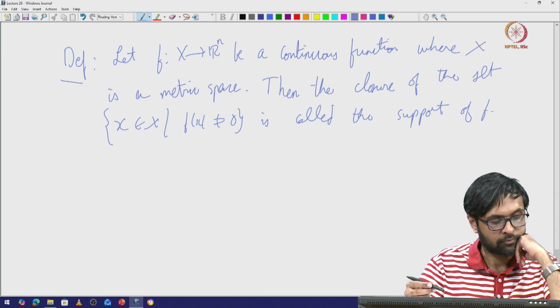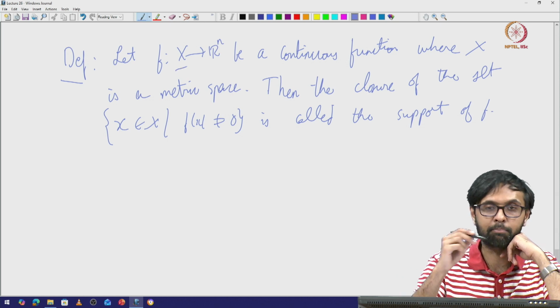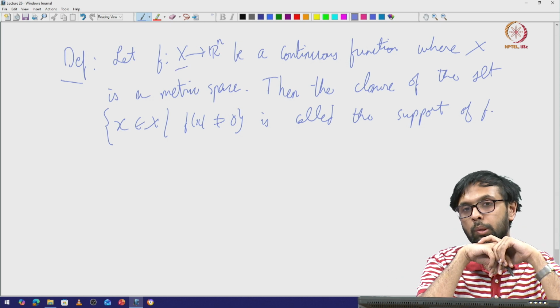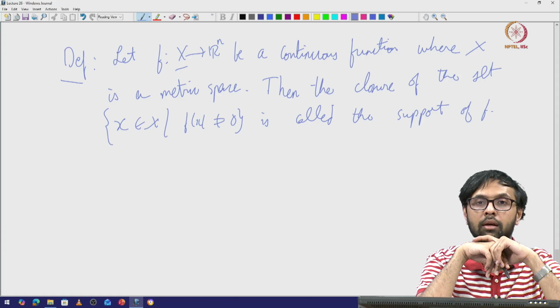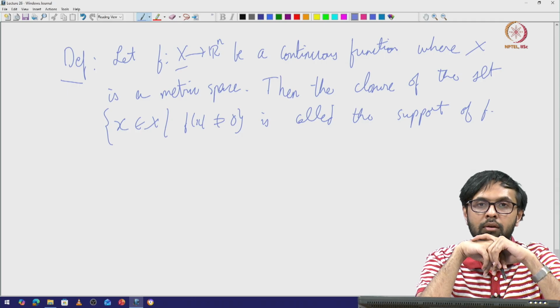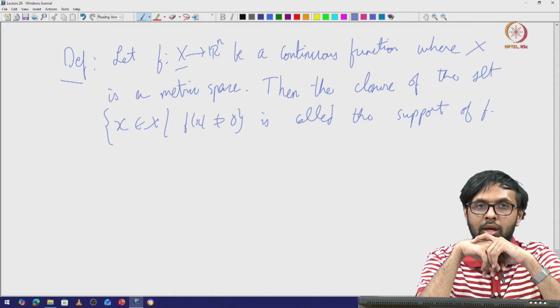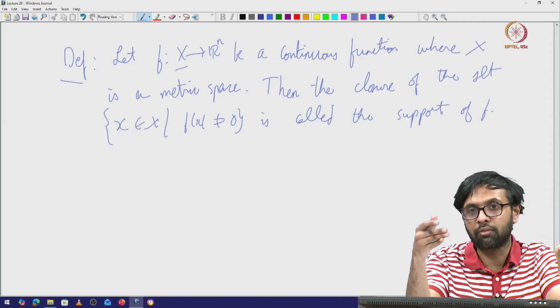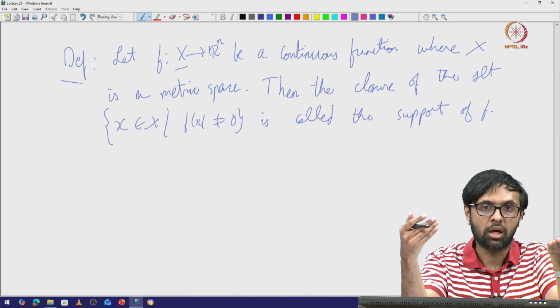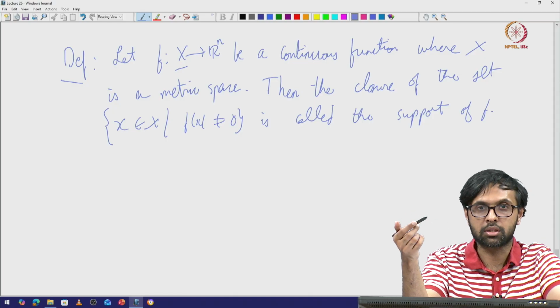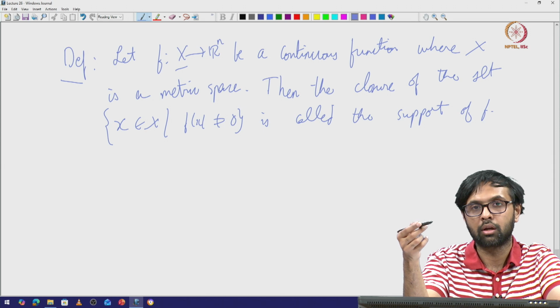So if x is itself compact, for example, if you take a closed and bounded interval as x, right, then every continuous function on it has compact support, because regardless of where f vanishes, the set is itself compact. So the support, which is a closed set, any closed subset of a compact set is compact, right?